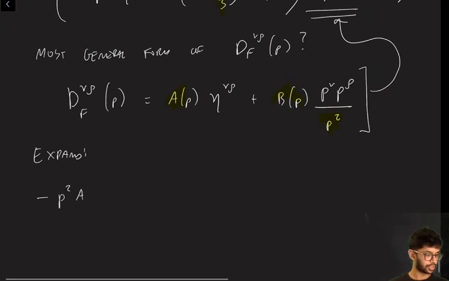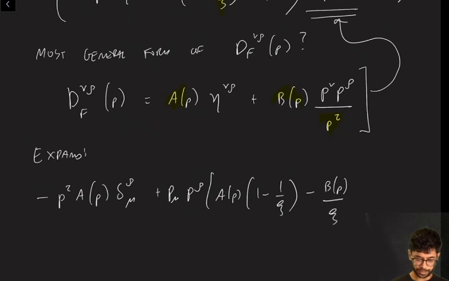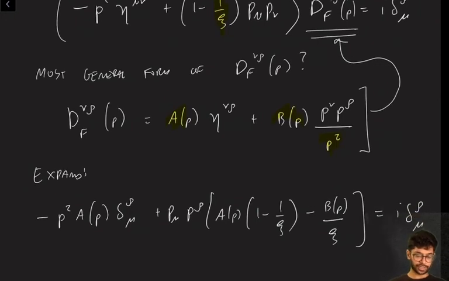On the left-hand side, you get a term like η_μ^ρ plus p_μ p^ρ times [A(p)(1 minus 1/ζ) minus B(p)/ζ], and this whole thing is equal to i δ_μ^ρ. This is the right-hand side of the formula above. Okay, and now you can solve this for A(p) and B(p).